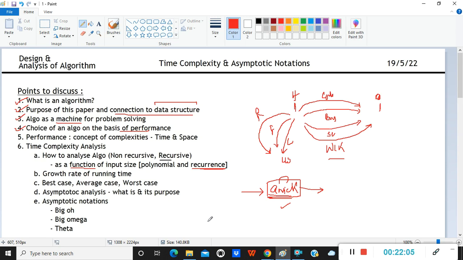These will automatically increase the space your algorithm occupies in RAM. It becomes space hungry. So minimizing the space complexity is one primary aspect of selecting an algorithm.